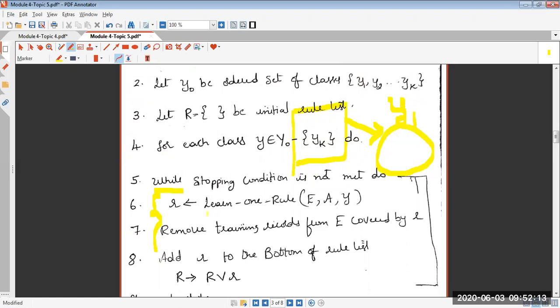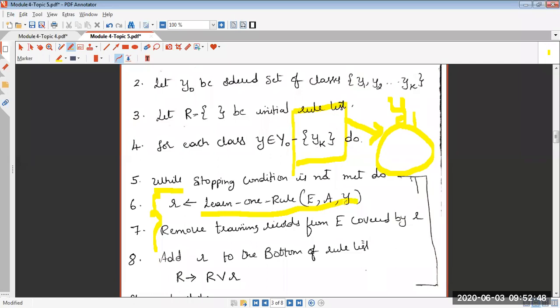There is a function called learn one rule. What will this function do? This function is taking three parameters. I think you can identify those three parameters. Once again, I'm repeating: the while loop is building the rules using the function learn one rule. This function takes three parameters as input, and you are familiar with them at this point.